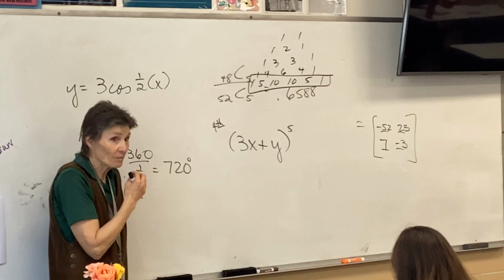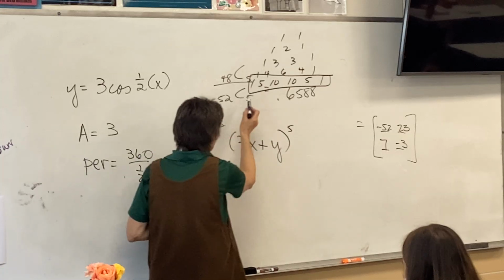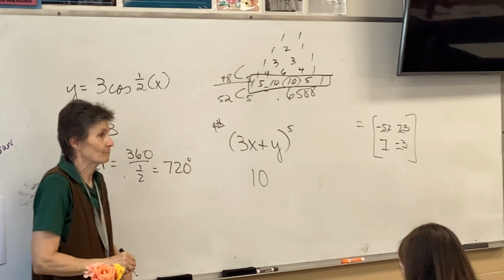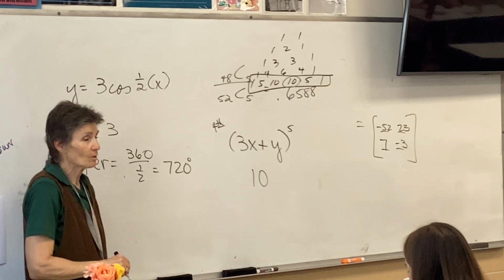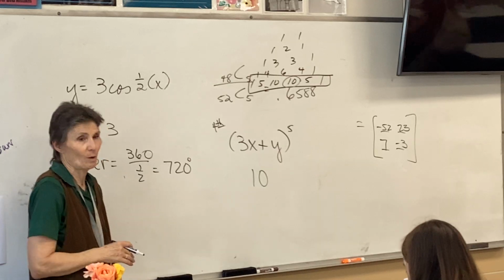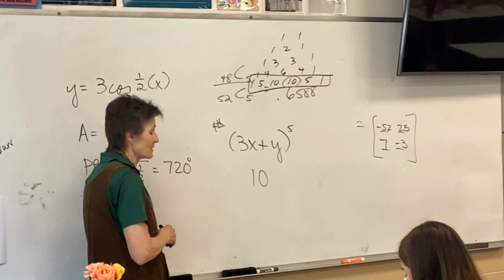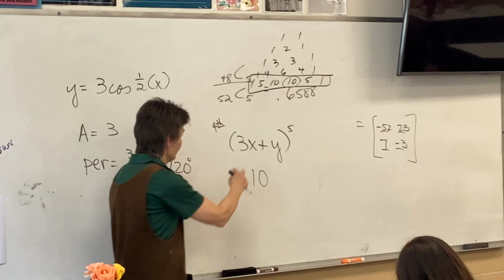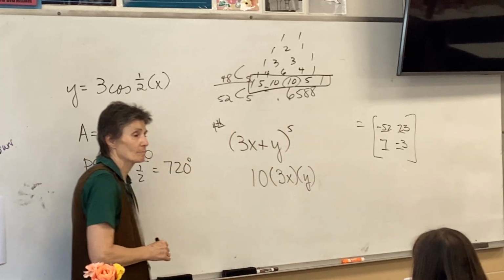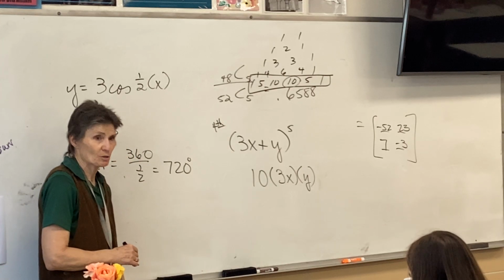Now, if I wanted the whole thing, I'd write down the whole row. I don't want the whole thing, I want only the 1, 2, 3, 4th term. So I'm gonna start with 10. That is the 4th number in the 5th row. All right? Now, what's gonna be next to that 10? A 3x and a y. What are gonna be the exponents?